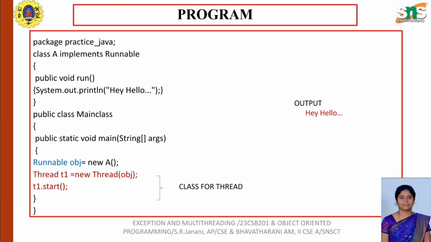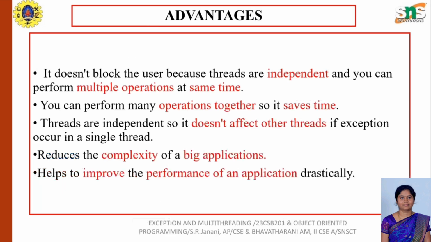Here comes the main function, and in class A "hey hello" is printed. In the main function we have created the Thread, which has the start function, and the object has been created. This is the program for implementing the Runnable interface.